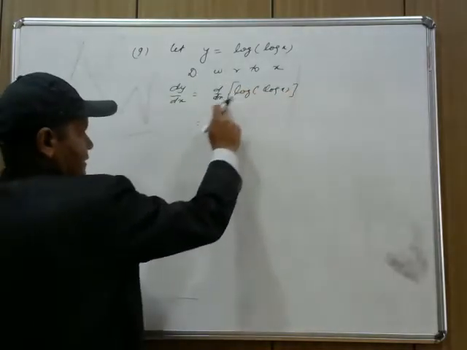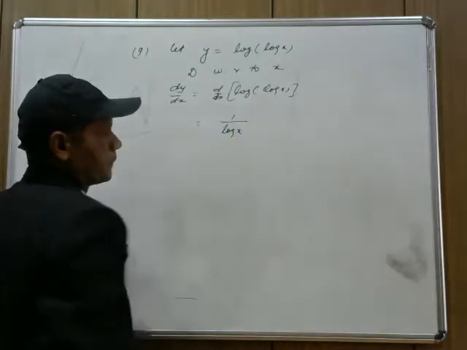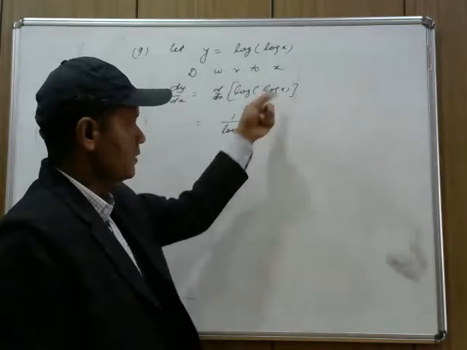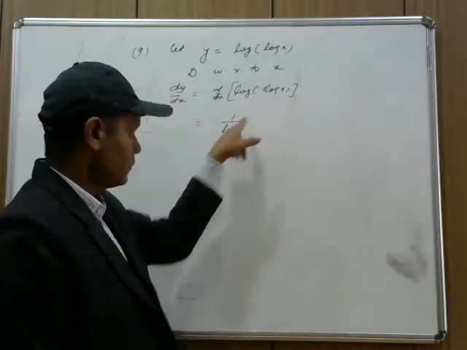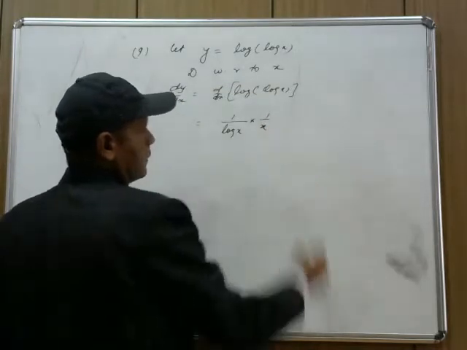Now, differentiation of log of log x: derivative of log x is 1 by x. Here in place of x we have log x. That's why 1 upon log x into differential of log x, which is 1 by x.